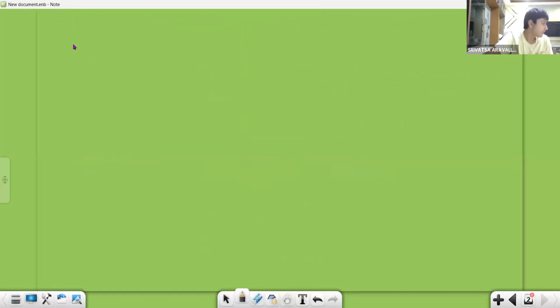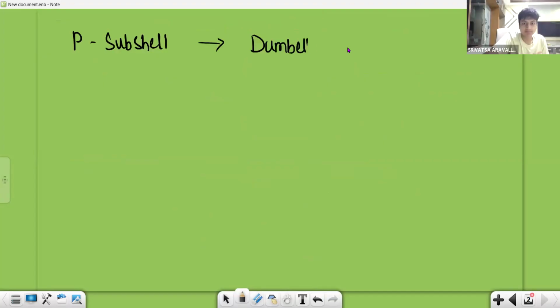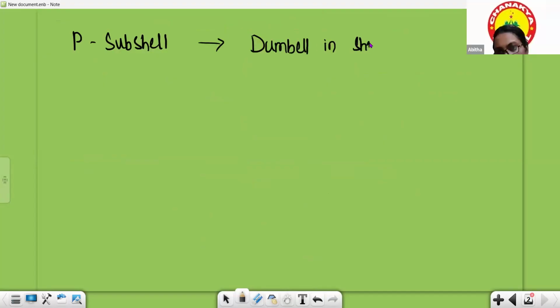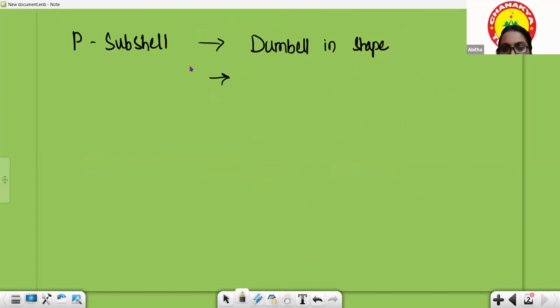Coming to the P subshell. The shape of the P subshell is dumbbell. You know what a dumbbell is, right? How many orbitals is the P subshell going to have? 3 orbitals. As I told you, one orbital accommodates 2 electrons, so 3 orbitals accommodate 6 electrons.